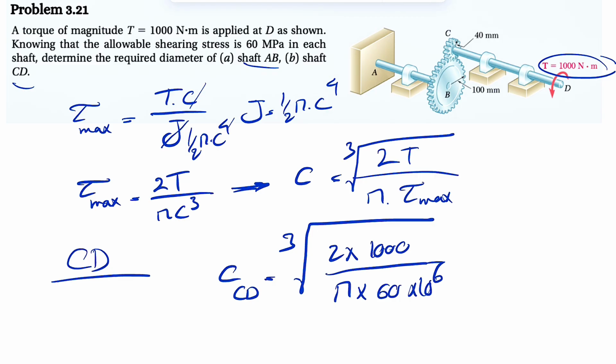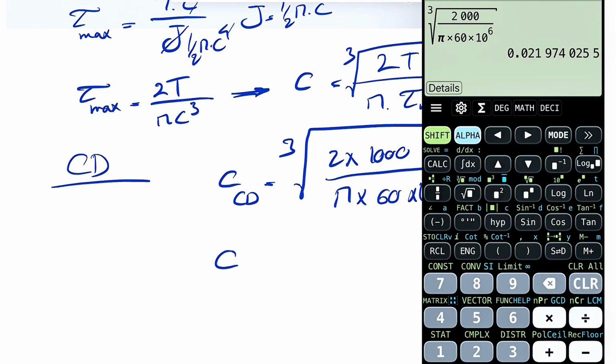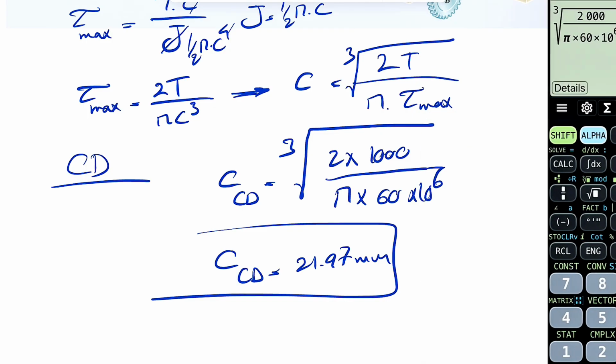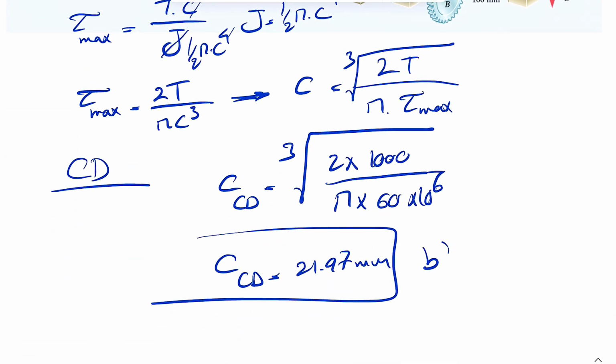So the third root of 2000 over pi times 60 times 10 to the 6 is going to be our c, or the radius of CD in meters. If we want to report it in millimeters, we multiply by 1000, which is going to be 21.97 millimeters. So that's the radius for CD.